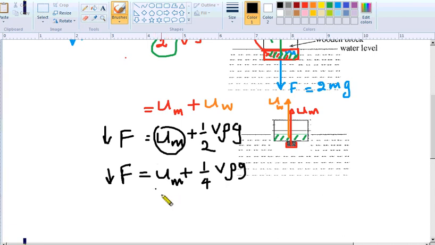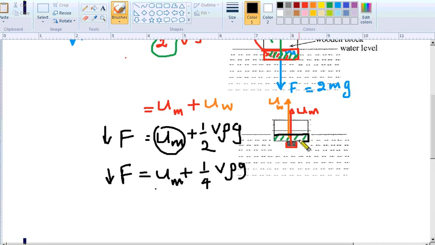A part is newly added to the equation, so the total upthrust increases. Therefore some amount must be decreased from this term, so that the total amount remains constant.